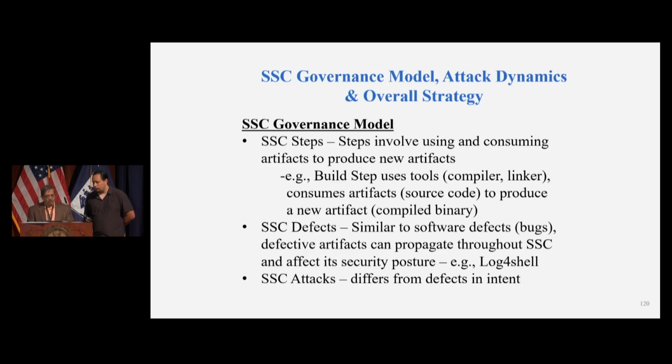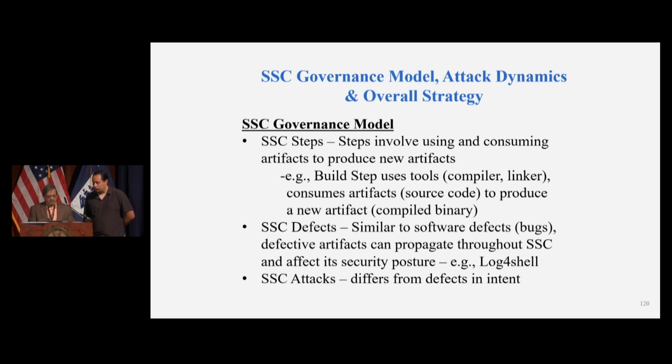To get at the semantics better, we decided to look at what the steps involved really are. Basically, there are three things involved in a software supply chain: each step involves using some artifacts, consuming some artifacts, and producing some artifacts.